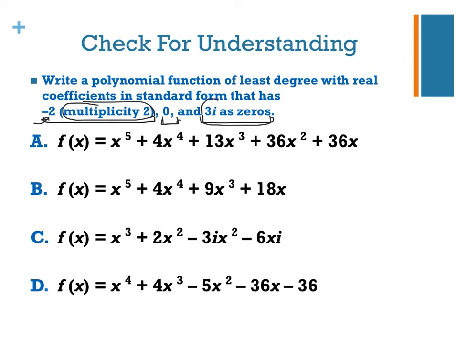And remember also that imaginary or complex zeros come in conjugate pairs. So even though they don't tell you this, if you have 3i as a zero, then negative 3i is also a zero. Looking at the zeros, you might be able to narrow down your choices on this multiple choice question by eliminating some answers. But go ahead and work out this question and choose a response A, B, C, or D.